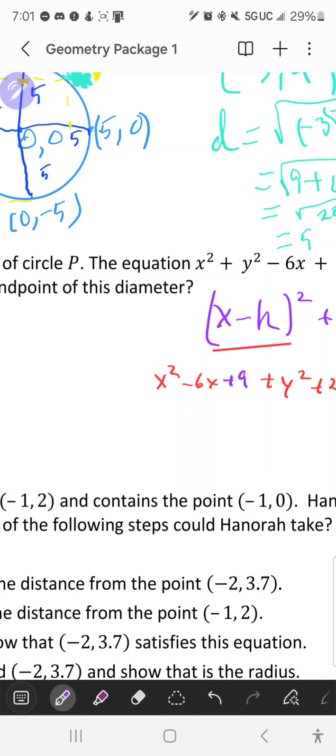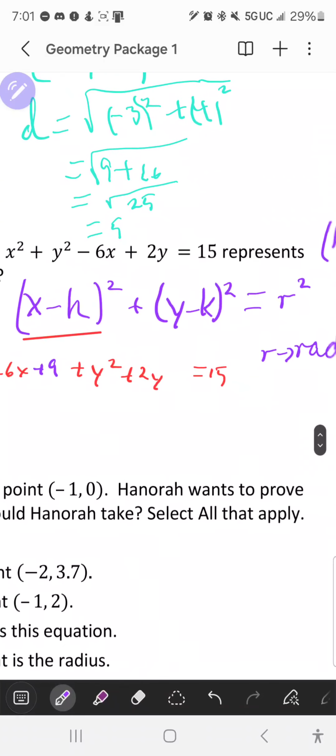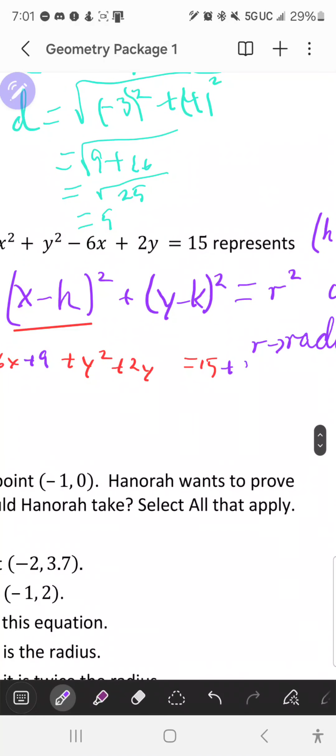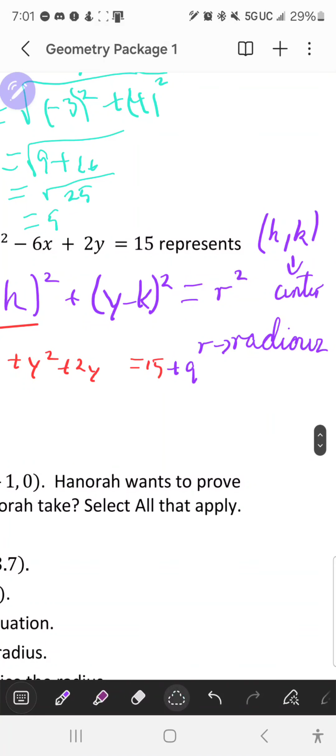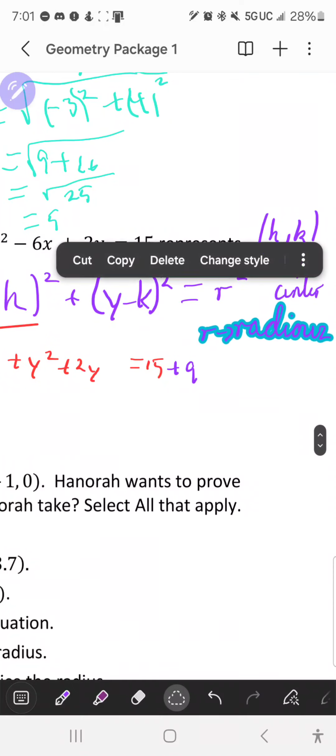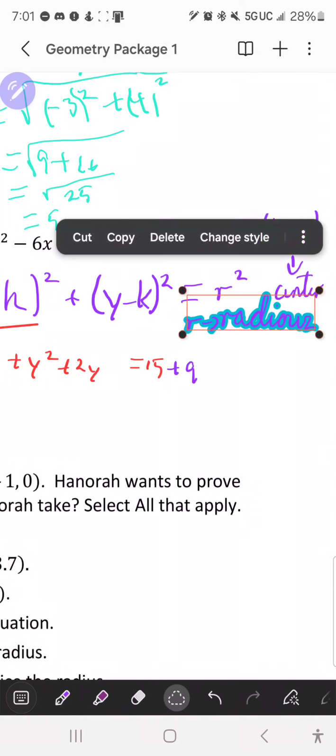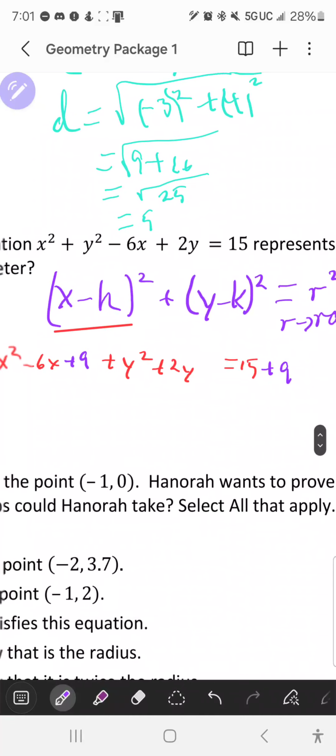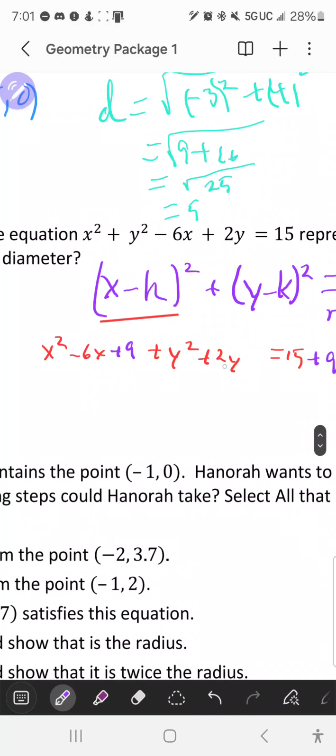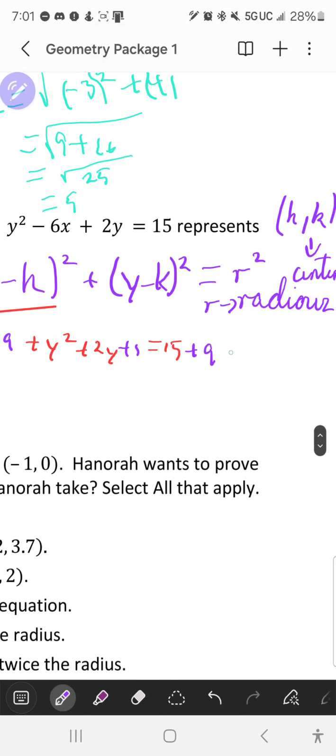So plus 9, and all we add here, we're going to add it here. Now 2 divided by 2 is 1, 1 squared is 1, so plus 1 on both sides.